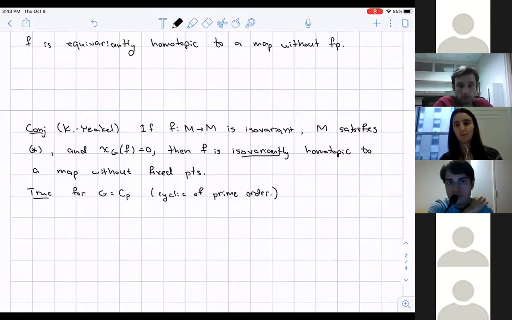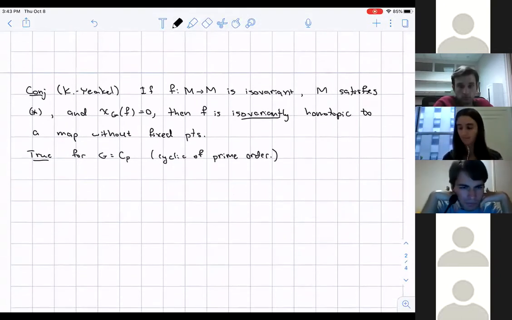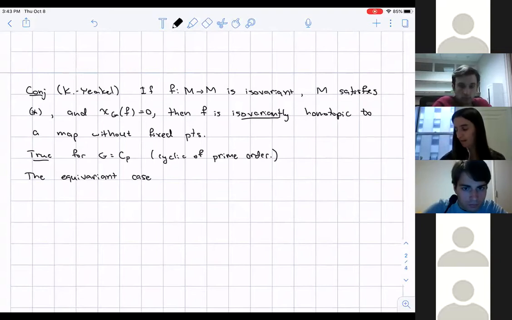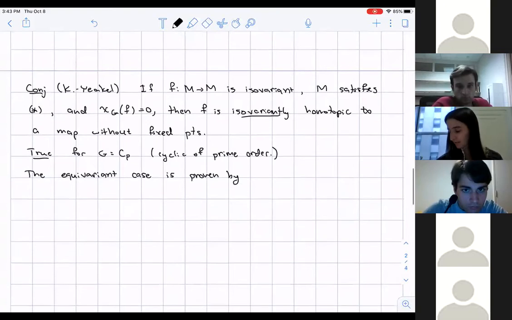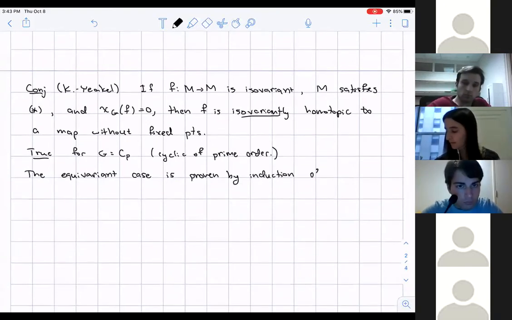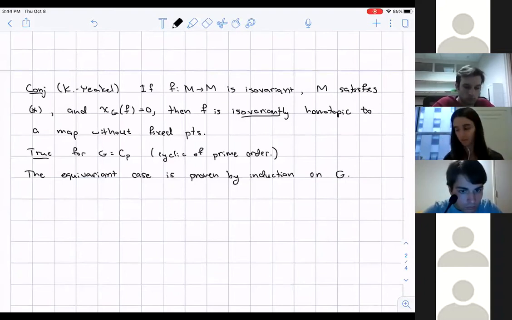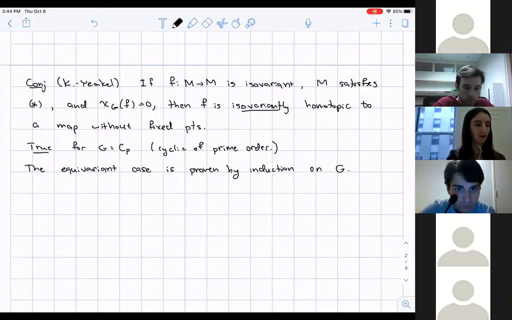All right, so I should say maybe what we're hoping to do. The equivariant case is proven by induction. So it has some sort of induction on the group G or subgroups of G, or whatever it is that you want to call it.